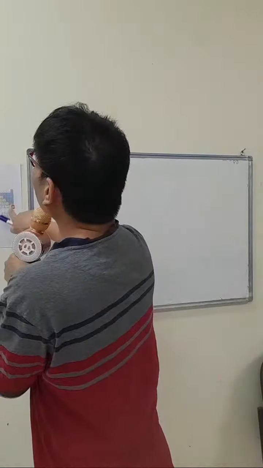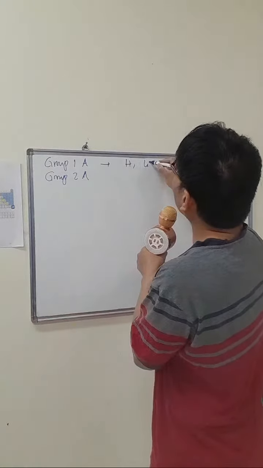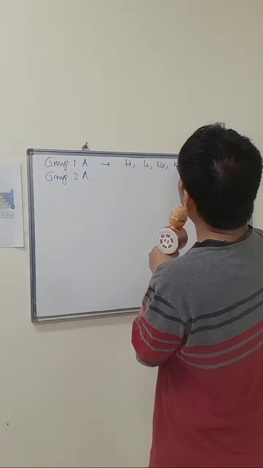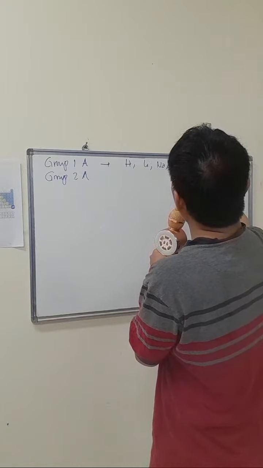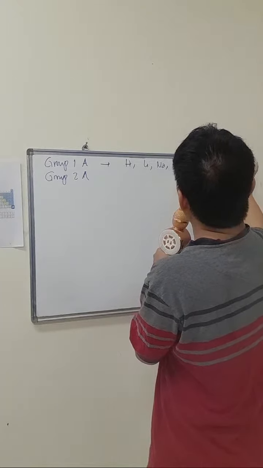So group 1A is hydrogen, lithium, sodium, potassium, rubidium, and then we also have cesium and francium.